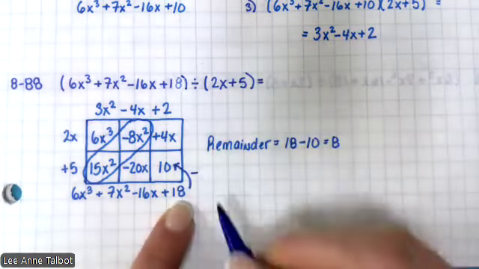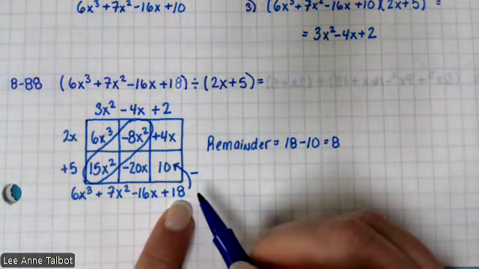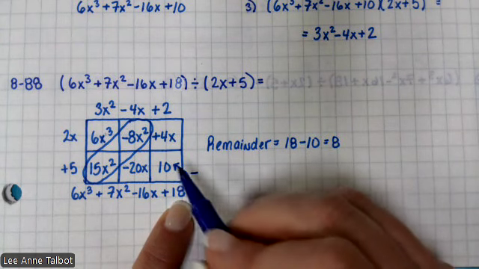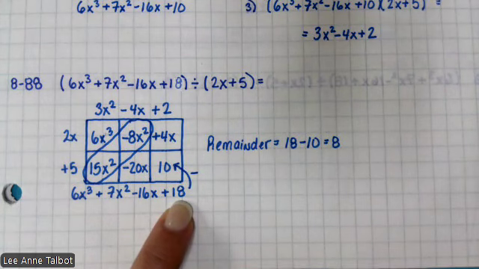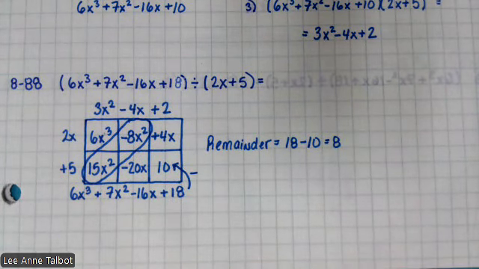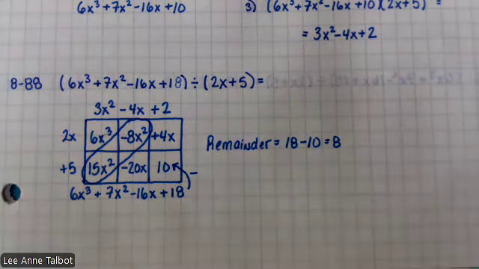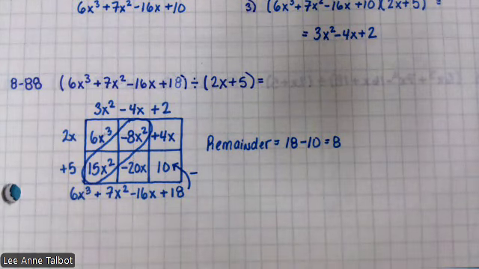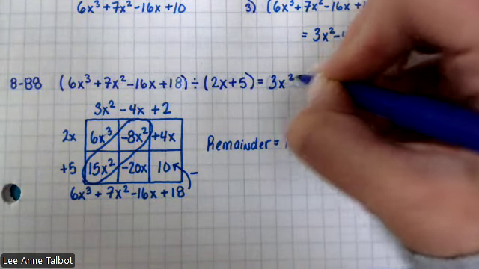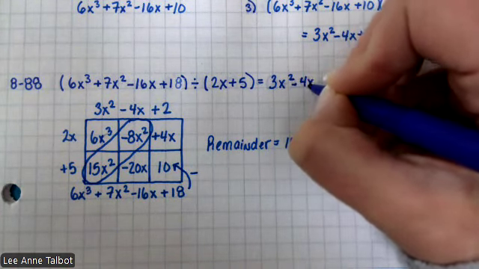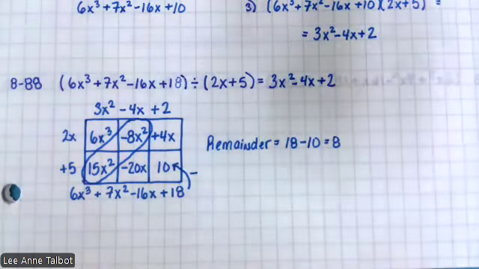I like to put an arrow in that direction because students are always like, do I subtract this or do I subtract that? I like to make a little arrow just showing the subtraction there. And then remember how I said you only got away with writing R2 or R8 for like a week. And then the teacher was like, no, you don't get to do that anymore. So what you do is you write the answer. So the answer is 3x squared minus 4x plus 2.